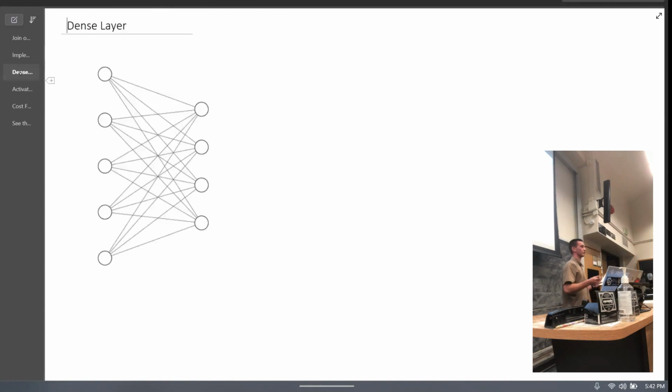Okay, so I've talked about layers, but what is actually going on inside of these layers? Essentially, they're functions. One type of layer we're going to be talking about is the dense layer, also referred to as a fully connected layer. Each of these nodes on the left indicates some instance of our input: x1, x2, x3, down to xi.